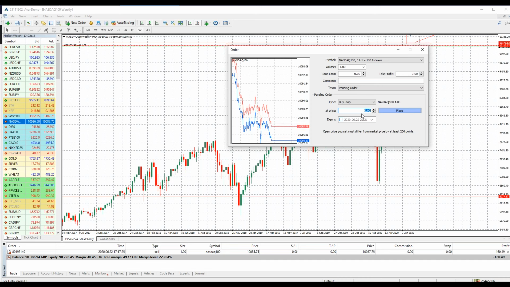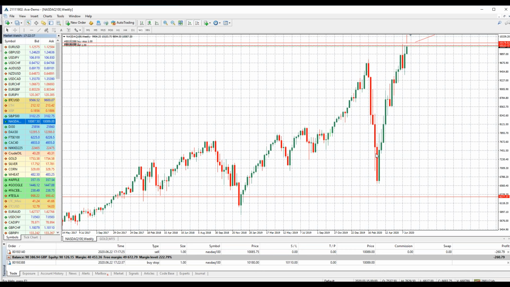Then maybe that's the spot you want to buy, 10,180, for example, right? And then my stop loss would be back below that, down to 10,110. Okay. So there's my pending order.